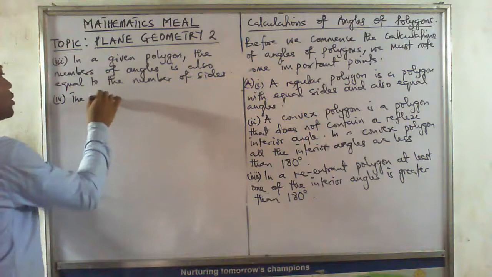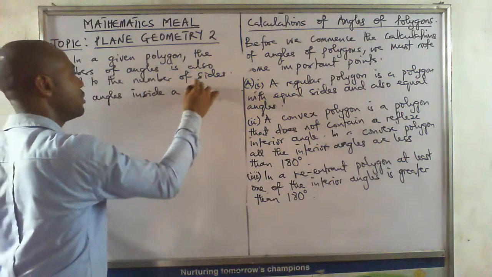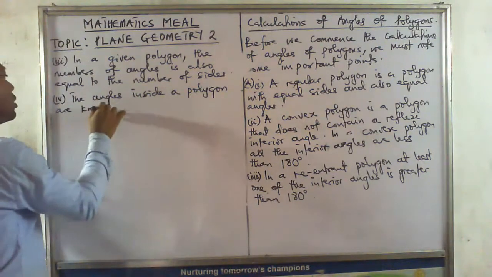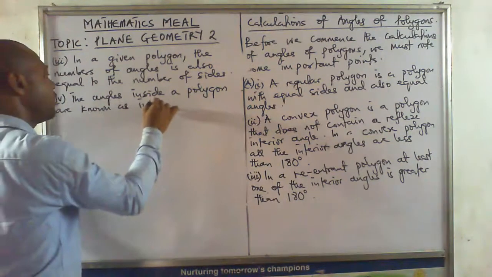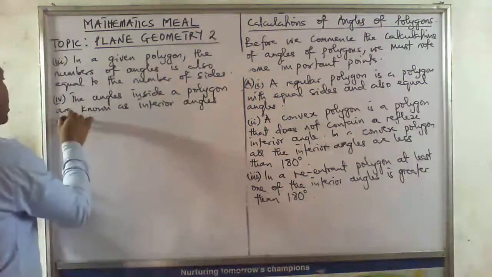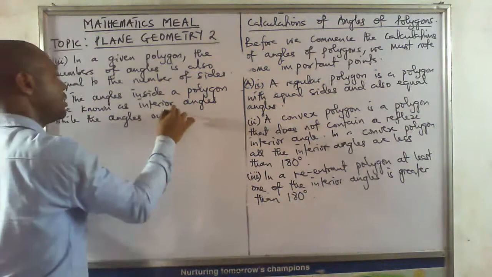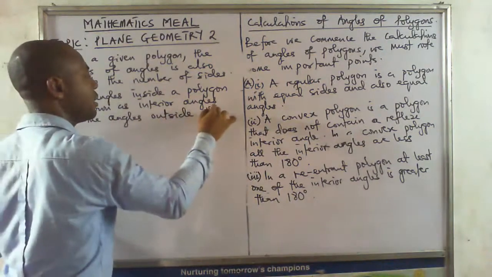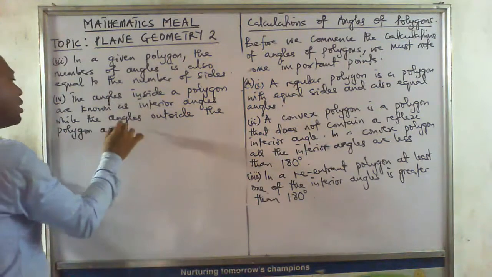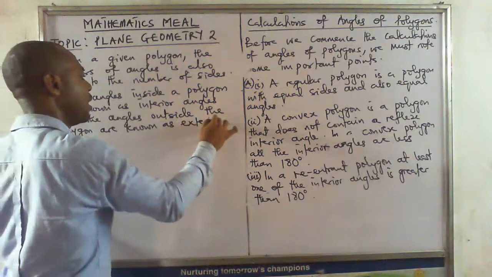So finally on A, the angles inside a polygon are known as interior angles, while the angles outside the polygon are known as exterior angles.